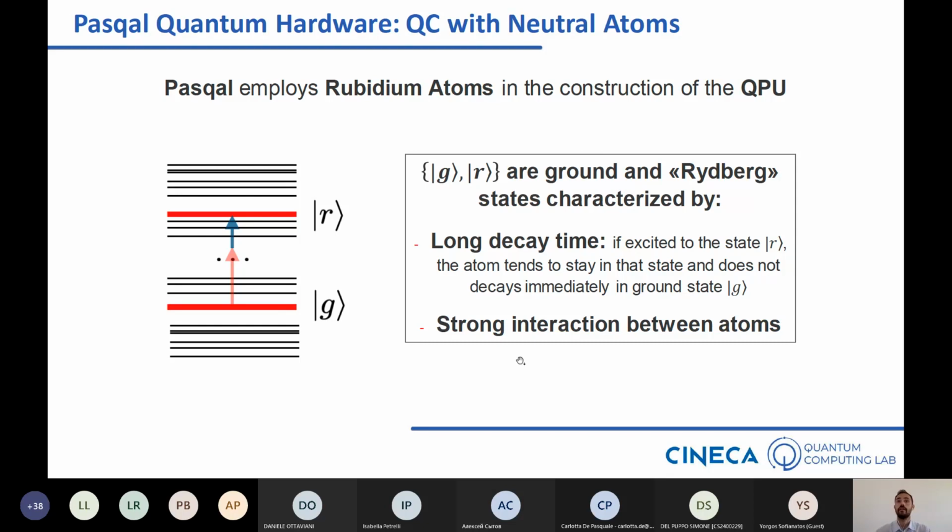They have strong interaction because in the Rydberg state they have electrons in an orbital that is very far, so that's why they can interact strongly.